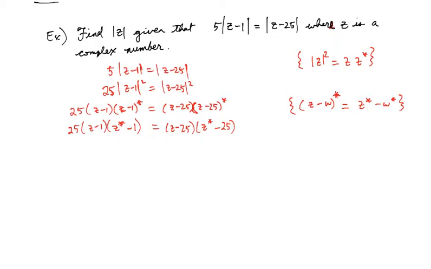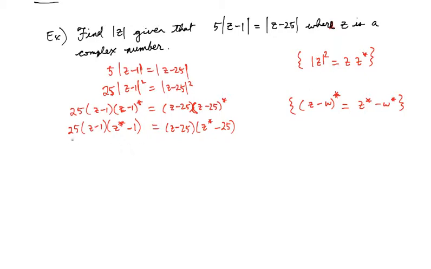We can start isolating our z and z stars. You can see here we're probably going to need to use this property again to get the modulus of z back. So I'm going to try and get these terms to come together and isolate them, and then substitute with that.